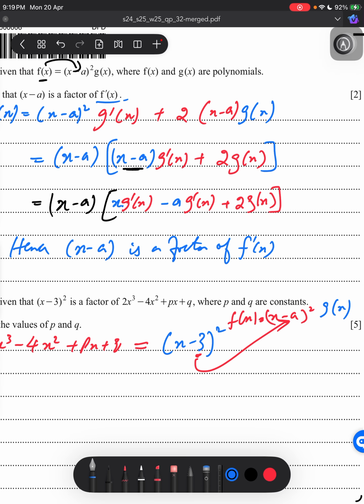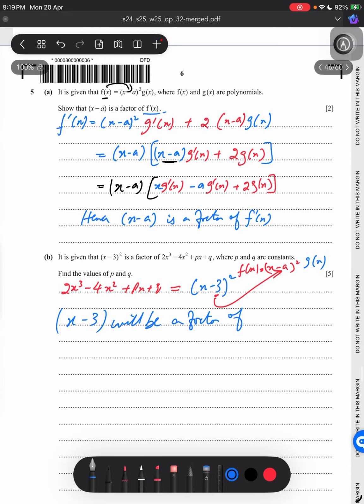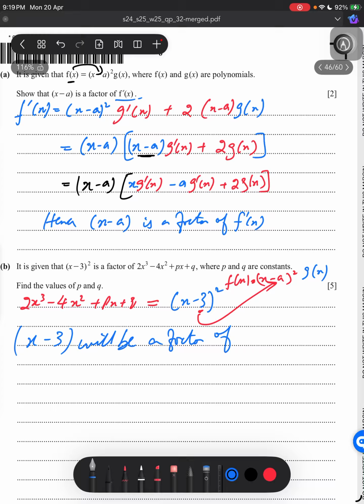So similarly we can write that x minus 3 will be a factor of the same thing, because previously we found that f prime would be just like this if you multiply the factors.